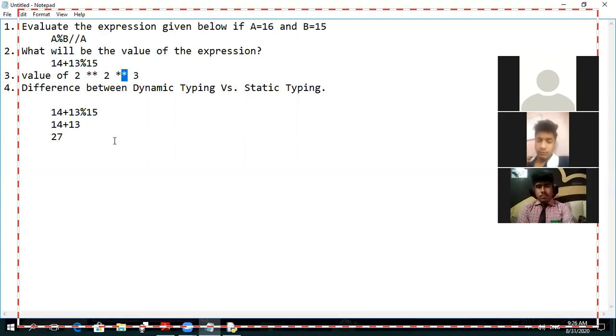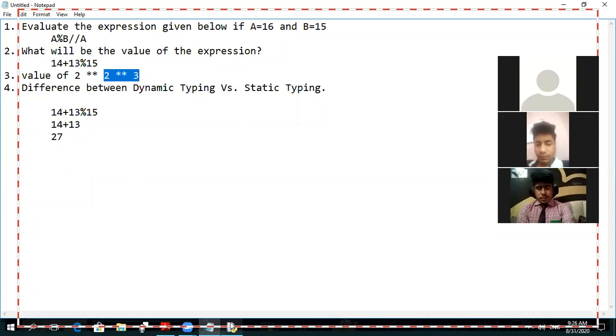So when the power sign is given between the operands, it will evaluate from right to left instead of left to right. These will move from right to left. So first of all we have to solve this 2 to the power 3, and then whatever result we get acts as the power of this 2.